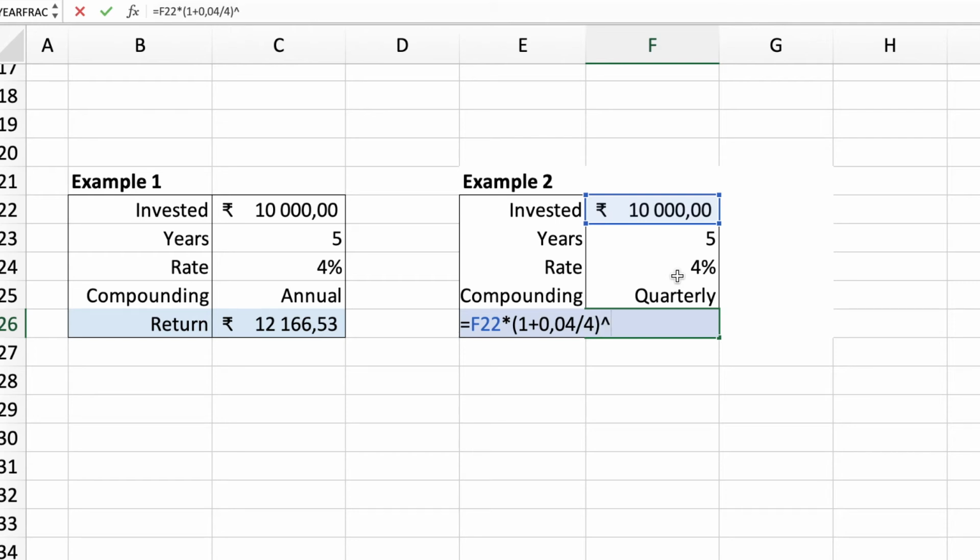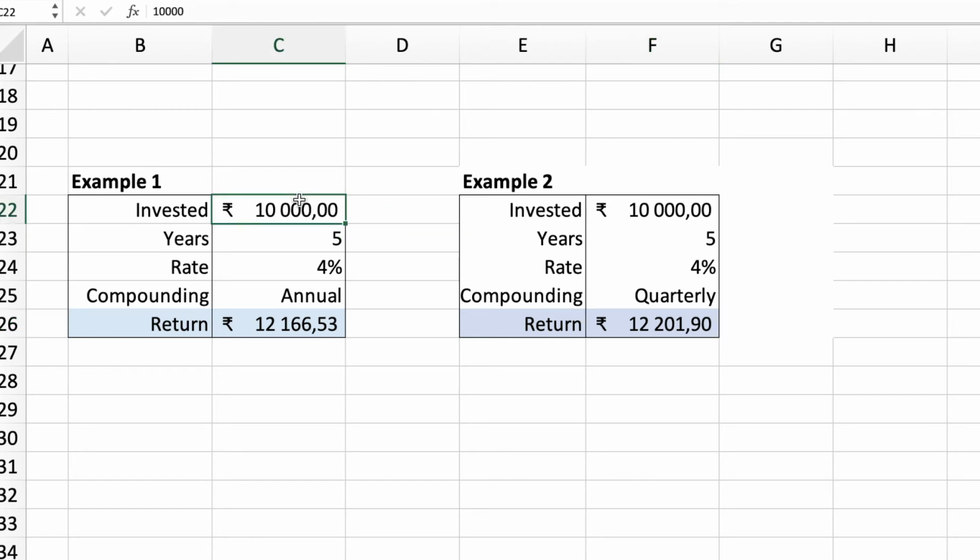Raise power, open bracket, here again 4 multiplied by 5 years. So if you notice, using the quarterly compounding, your return will be a bit higher than when the compounding is annual. The difference is not so much, but if you have a higher principal amount, this difference will also be high.